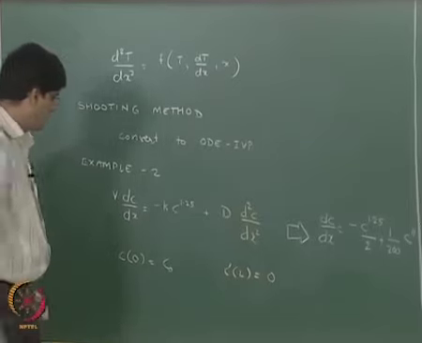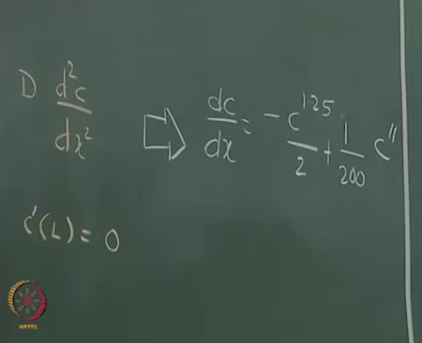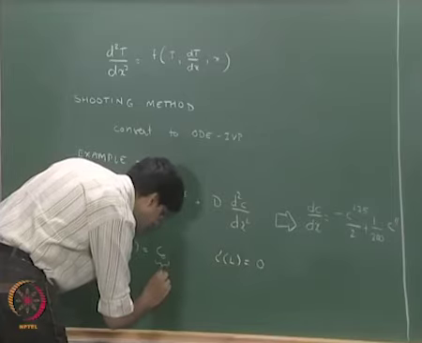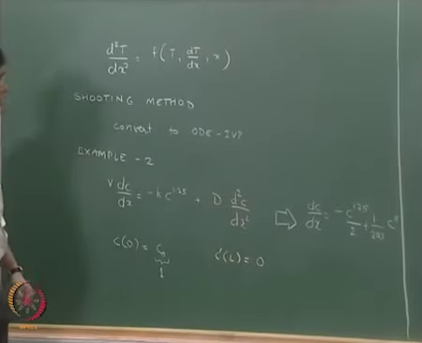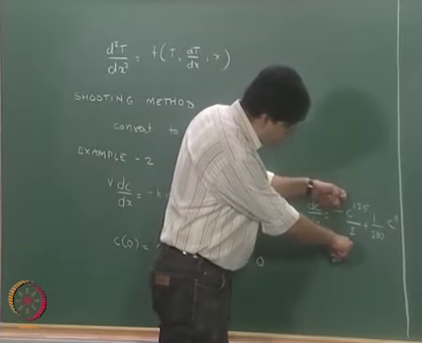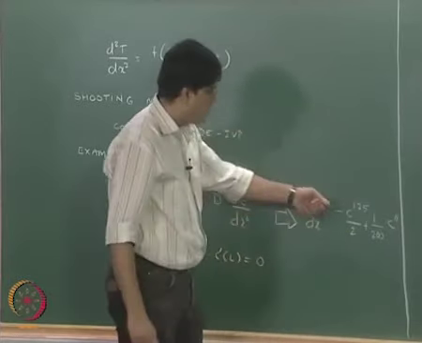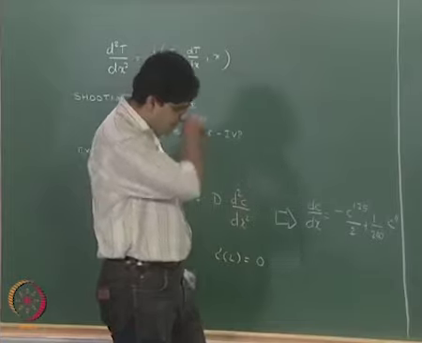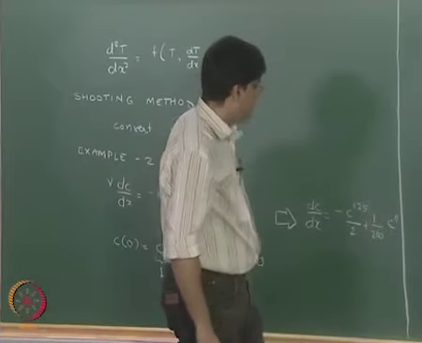That would be the example, and the C0 that we had taken in that example was C0 equal to 1. So what we will do is take C to the power 1.25 by 2 onto the left hand side, and we will multiply throughout by 200.